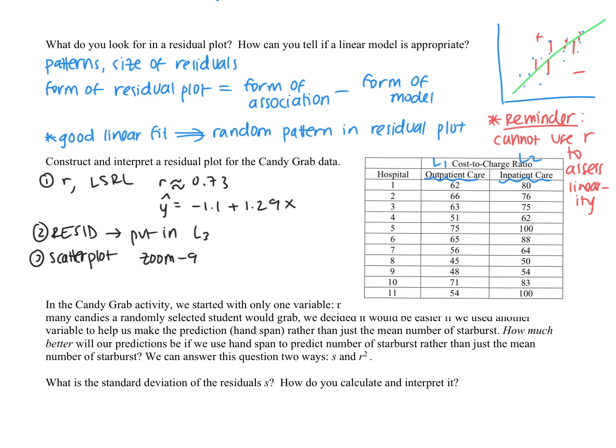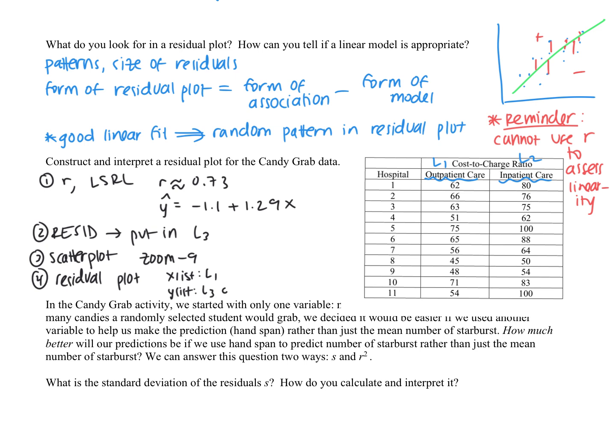Okay. Here is the last thing that I want us to do. The last thing that we have to do right now is actually construct the residual plot. So what you're going to do is you're going to go back to stat plot. This time, your X list is going to stay L1. That's your X's. And your Y list, we need the residuals. So you have two options.